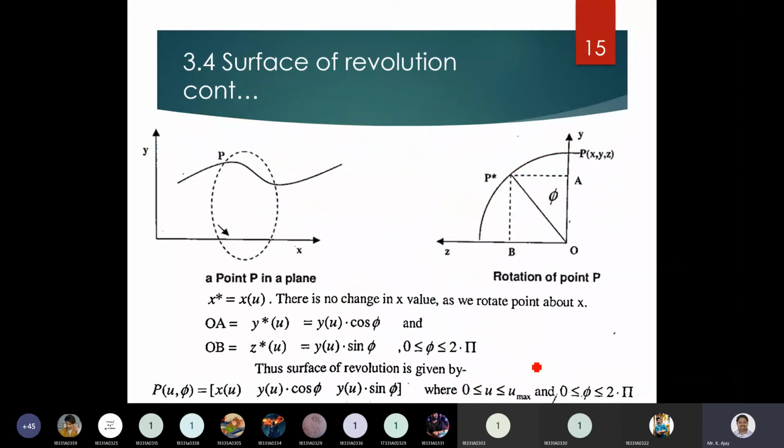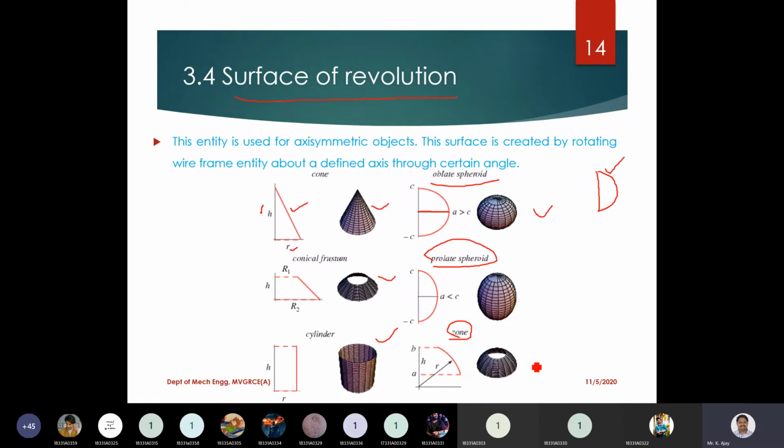Now coming to the mathematics behind the surface of revolution. Basically, in all the surfaces of revolution, we are taking a curve, this red color one, and similarly here also there is a curve. We are taking one curve and rotating it about another axis. Let us say this curve is lying in the xy plane, then the z axis would be like this.